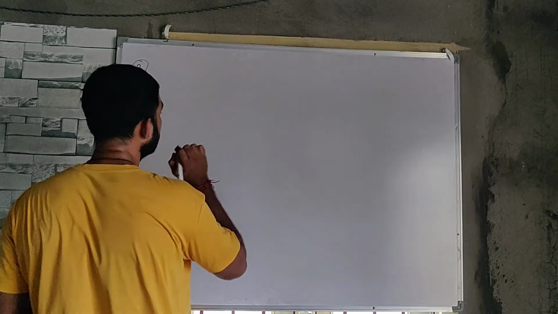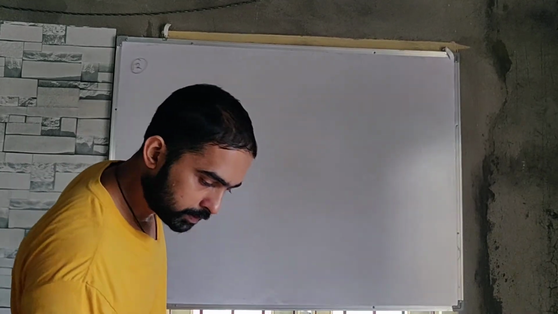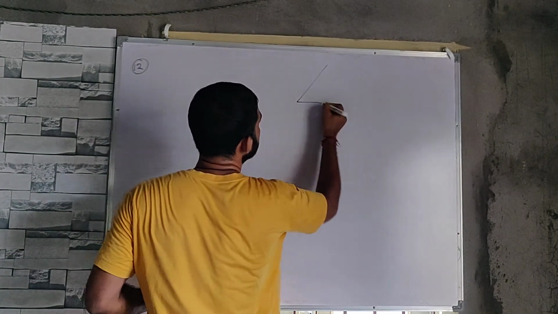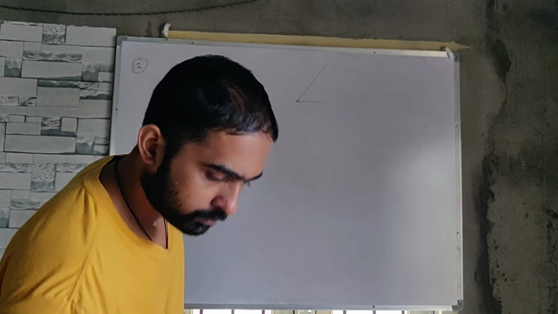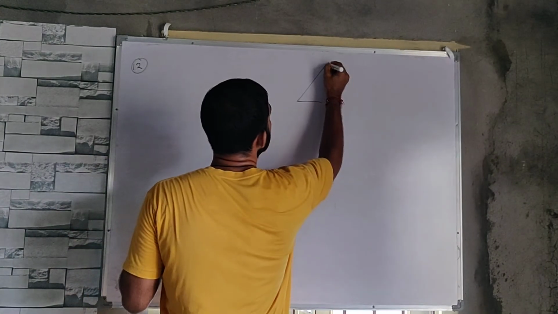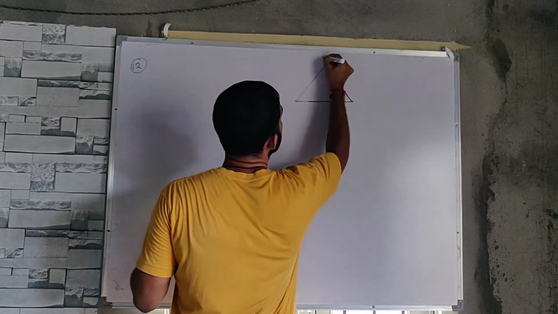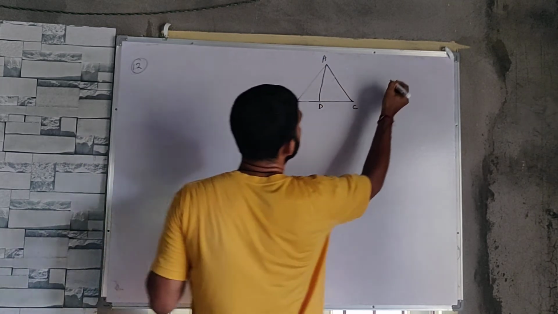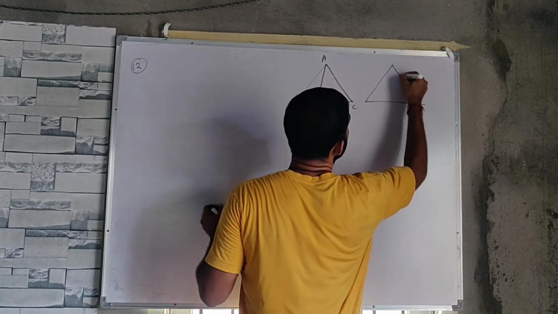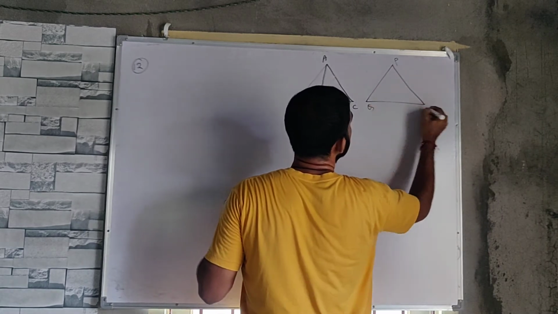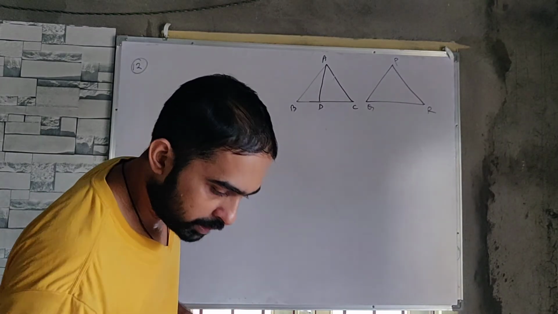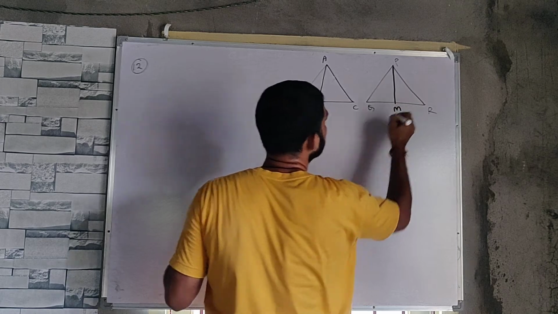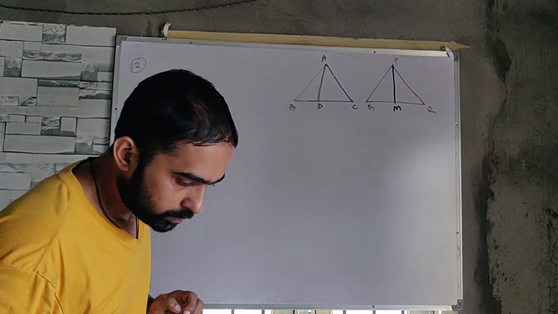Question number 12. Triangle ABC and triangle PQR, and here the median is PM. What is given?